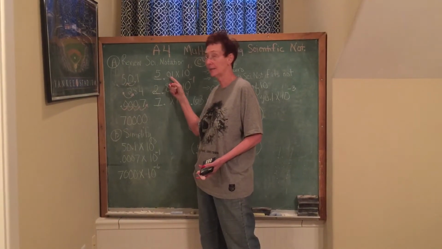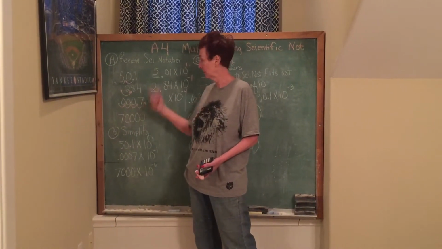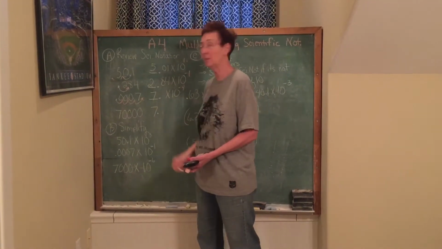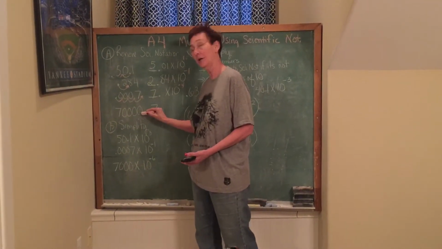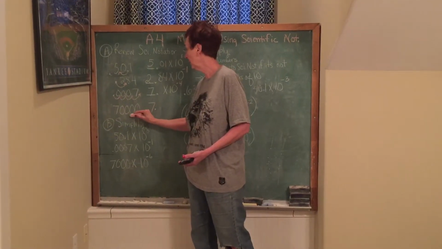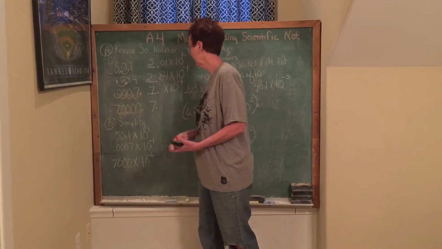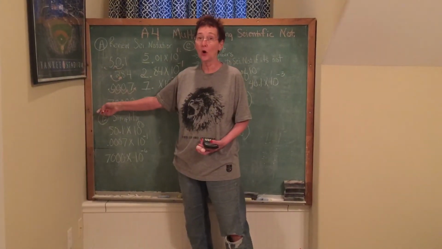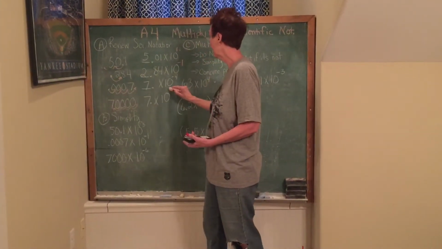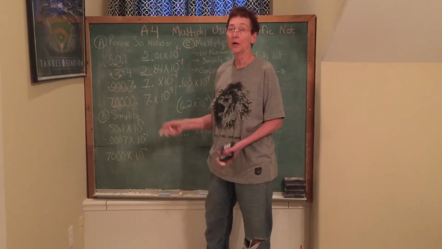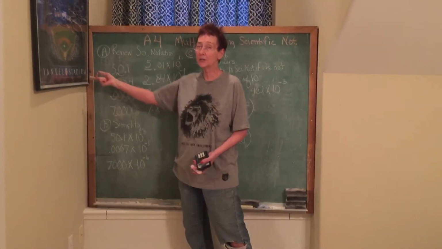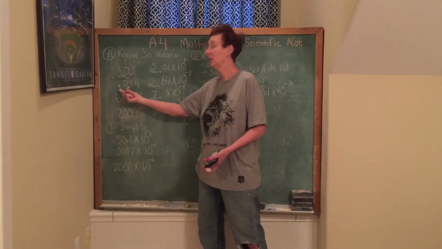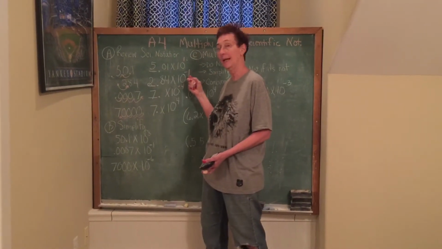This zero was important because it's in the middle of some numbers. If you have 7,000, I still want it to just be 7. But here was the understood decimal place, and I moved it 1, 2, 3, 4. You moved it 4 places over on the whole number side, so that's why it was a positive 4. So you need to remember, if you're moving it to the positive direction, to the whole number direction, it's a positive. If you're moving it towards the decimal direction, it's a negative.